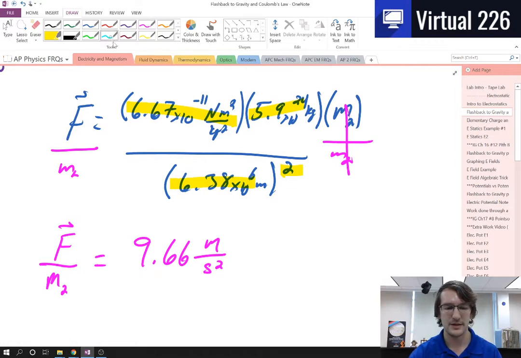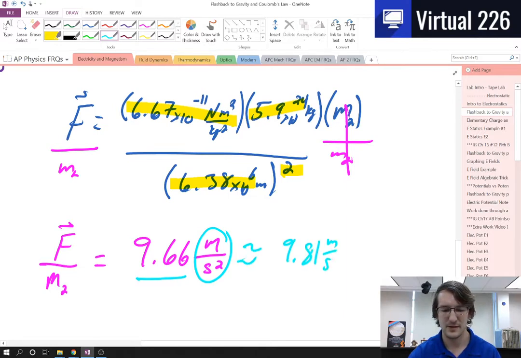And if we look at this here, there's a few things we should recognize, especially given what we know from last year. Meters per second squared, that's an acceleration. And 9.66, well, that's really close to 9.81. This is just gravity.